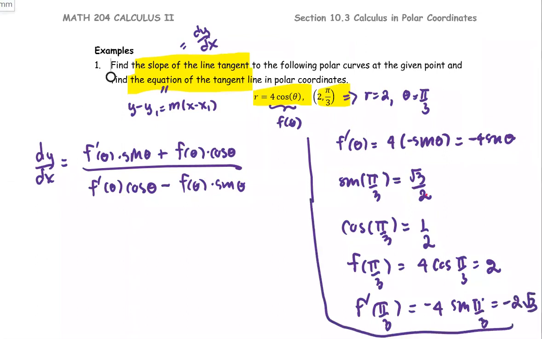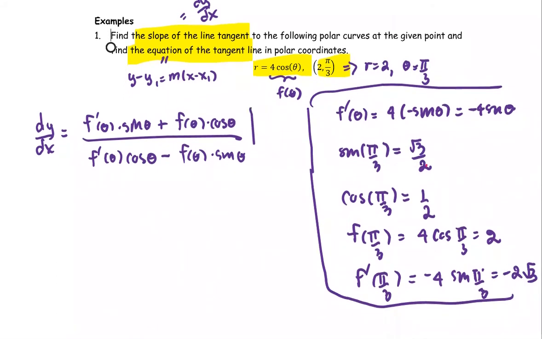From the values that we have from the side here, we're going to replace them into the formula where theta is pi over 3. Now we have f prime at pi over 3 as negative 2 times square root 3, multiplied by sine of the angle, which is square root 3 over 2, plus f at pi over 3, or the value 2, multiplied by the cosine, which is 1/2.